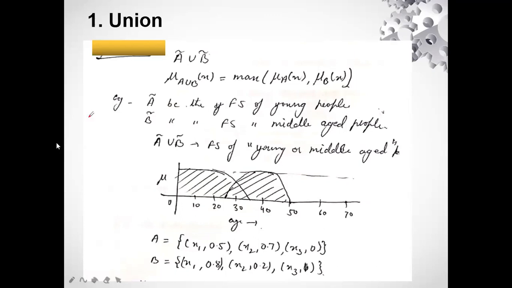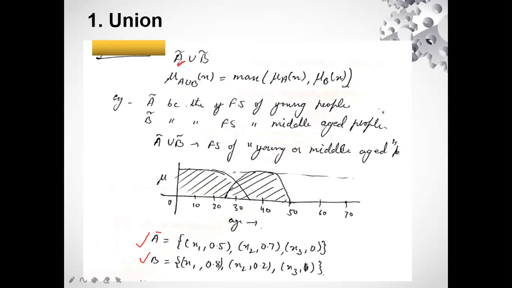So see, this is just an example of a fuzzy set, how fuzzy sets are given in the questions. This fuzzy set is denoted with this A sign with a curvy bar. You can see the curvy bar here, right?